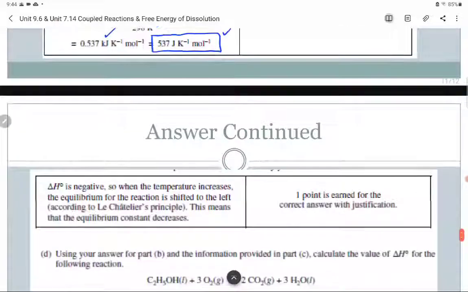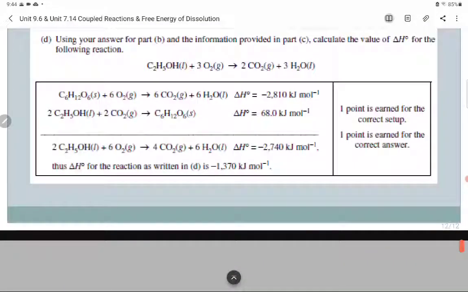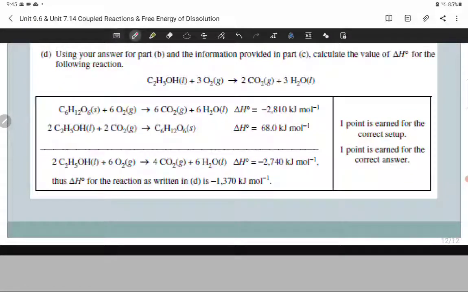Instead of me doing it with that little bit of room there, here's our two reactions. And it looks like no rearrangement had to occur, so you just have to add those up. So it's going to give you a negative 1,370 kilojoules per mole. Oh, wait a minute. We did have to flip this one.